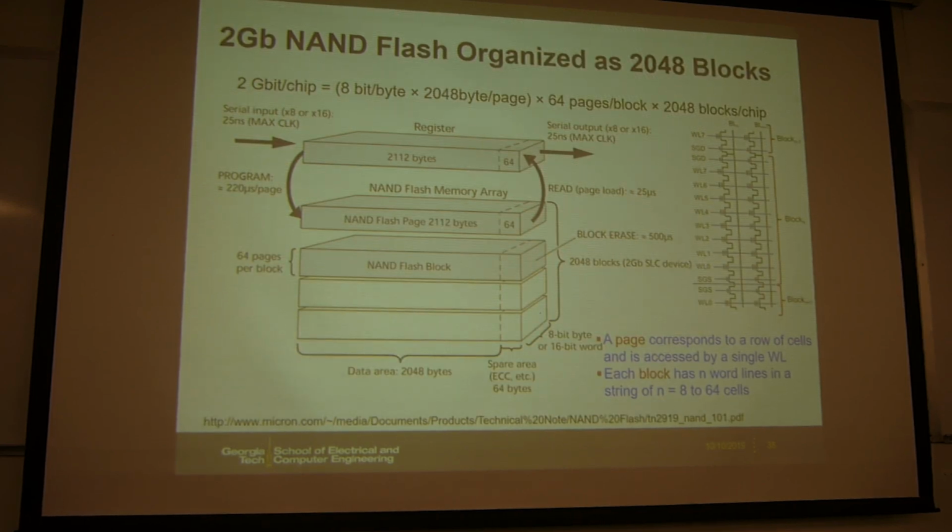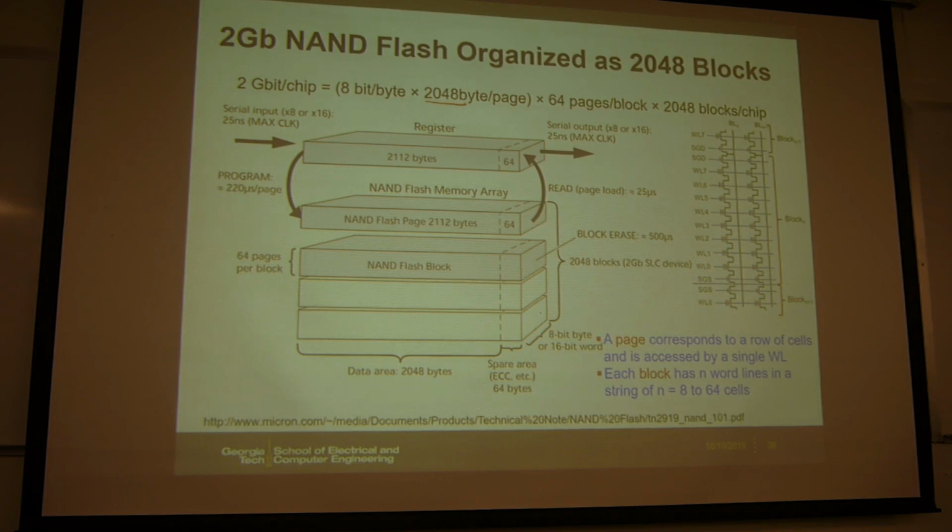Okay. So then let's look at the NAND flash organization. For example, if you have 2 gigabit per chip, what is typically the partition like. So still you can have 8 bits as 1 byte, and for 1 page you have this kind of byte.